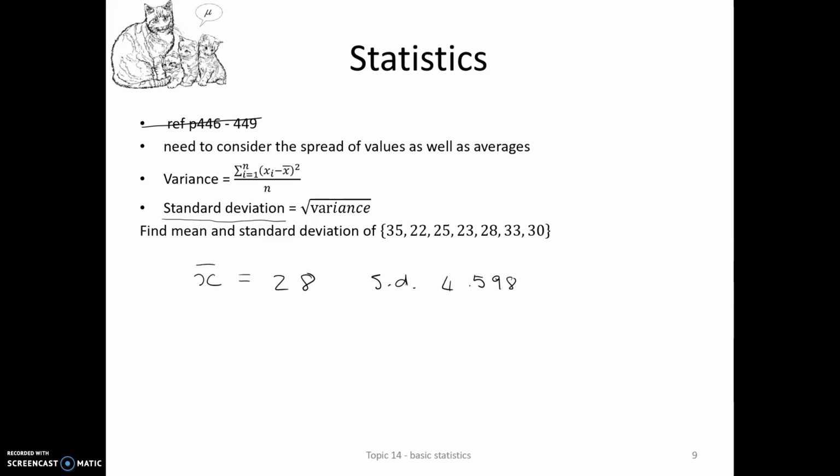There are two on your calculator. If you're talking about a population, so you've got all the possible data about whatever it is you're looking at, you will use sigma, and if it's for a sample, you would use S. So use your judgment. My math lab's not very good at telling you which you've got there.